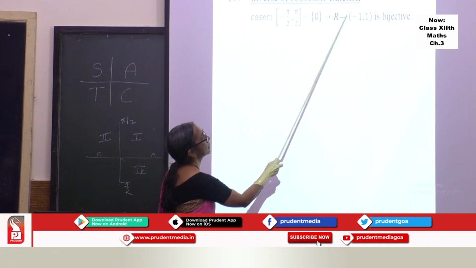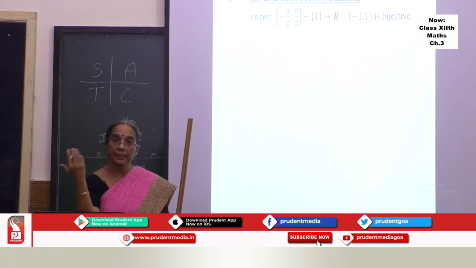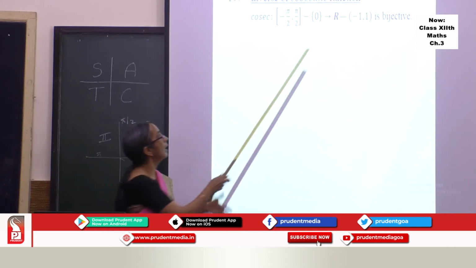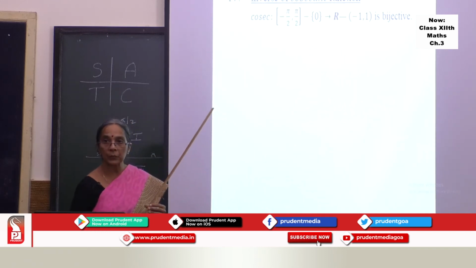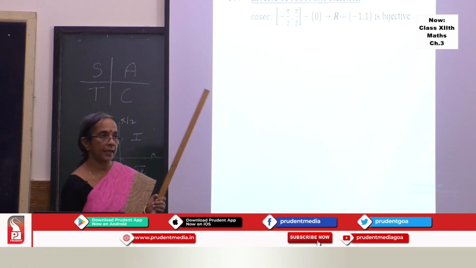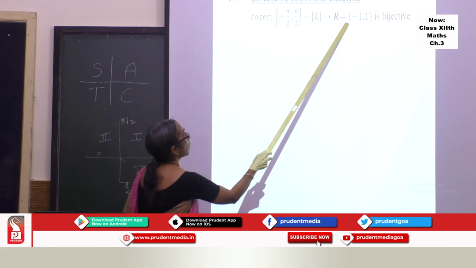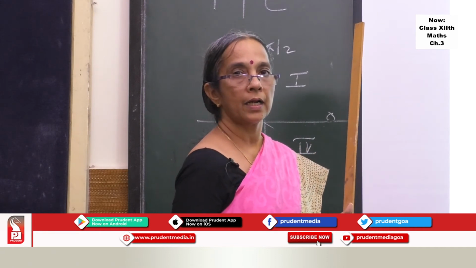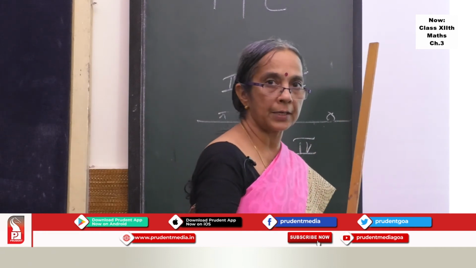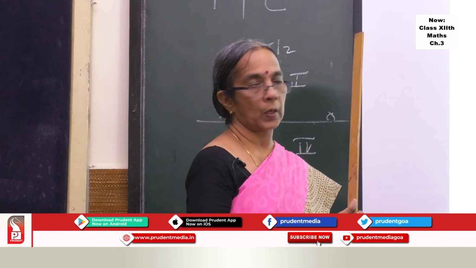A number in this set can be greater than or equal to 1, and it can be less than or equal to minus 1. That is the set: the set of all real numbers greater than or equal to 1 or less than or equal to minus 1.